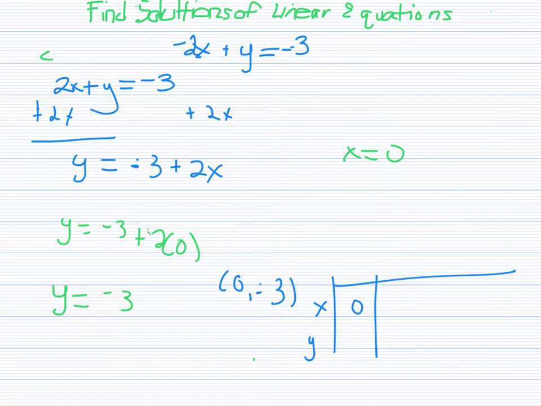Now, let's try the x as 1. And so we would have 2 times 1 plus y equals -3. Now, we can use what we had already worked out.